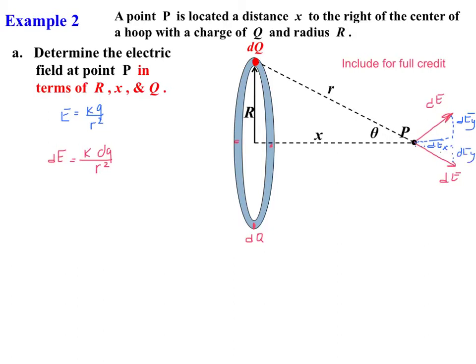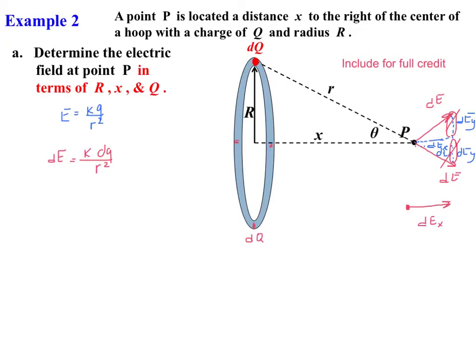Now what you should notice here is that these portions of the electric field are going opposite in direction, and they're going to be the same magnitude, which means they're going to cancel each other out. So all we're going to have left is an electric field at point P that goes out in the positive x direction.